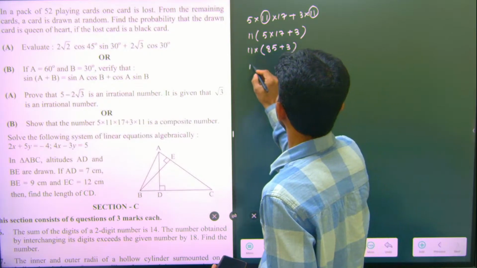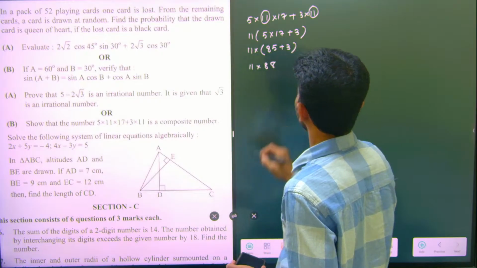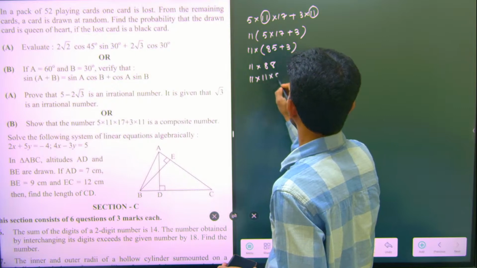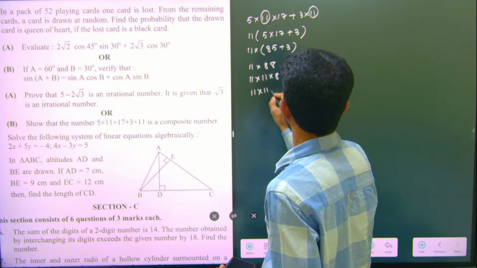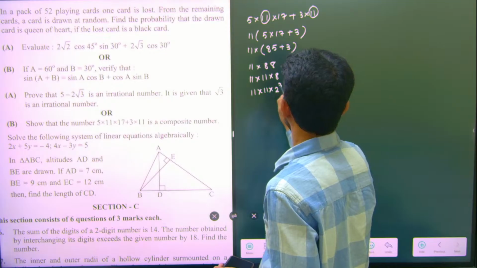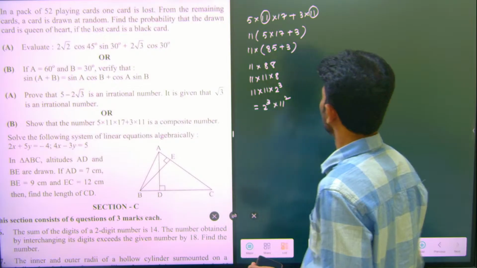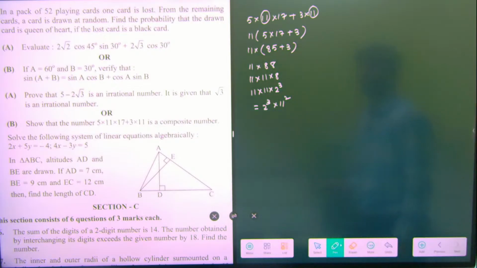So what it is 11 into 88. Now we can write it as 11 into 11 into 8. 11 into 11 into 8 is 2 power 3. So what it is finally 2 power 3 into 11 power 2.